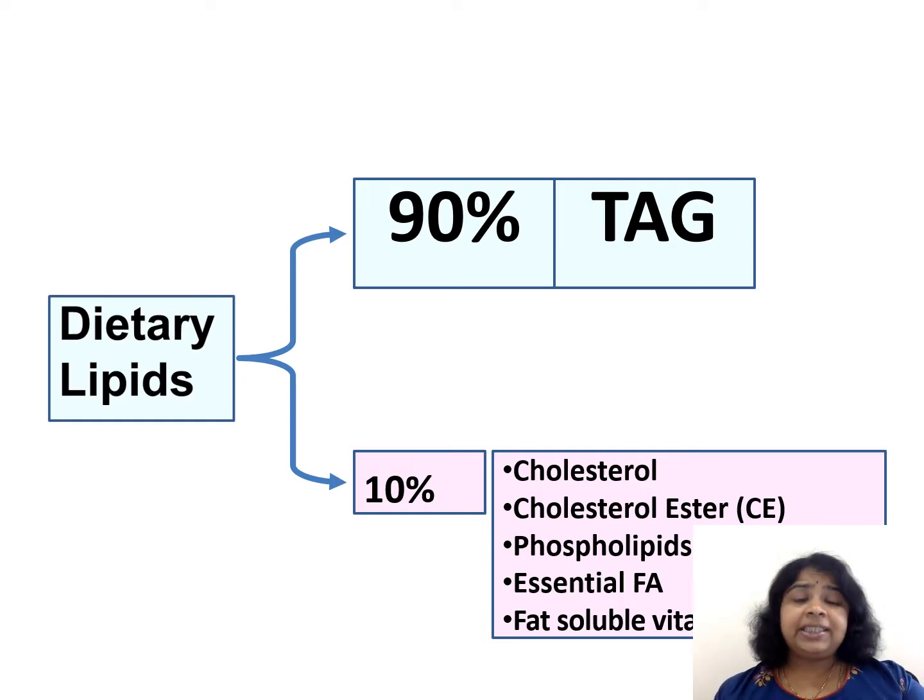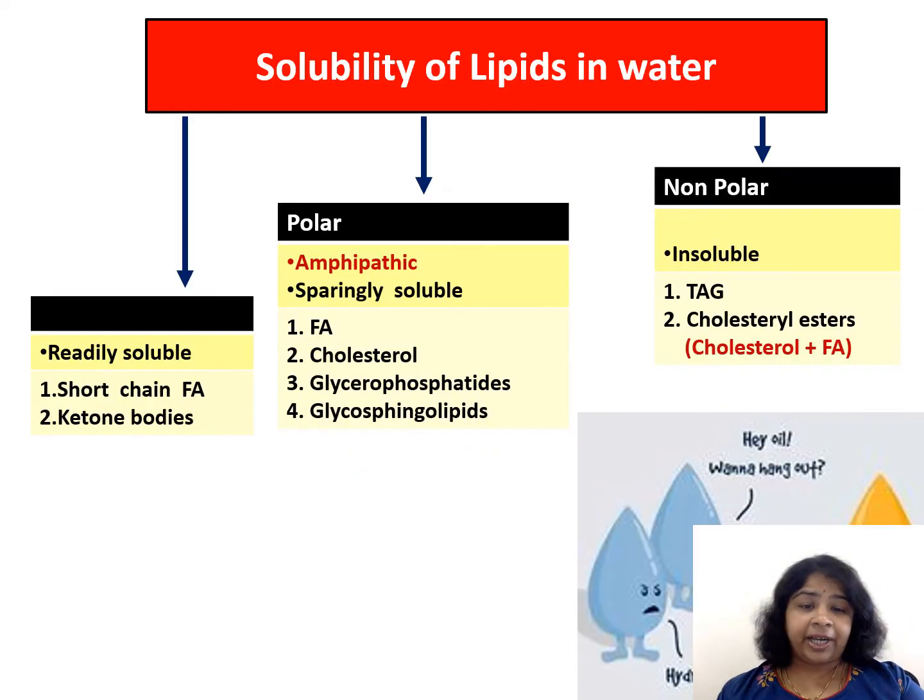Before we start the actual digestion and absorption, a little bit about chemistry. I know you have all finished this, but still, a little bit about it. We have lipids that are soluble and lipids that are not soluble in water.